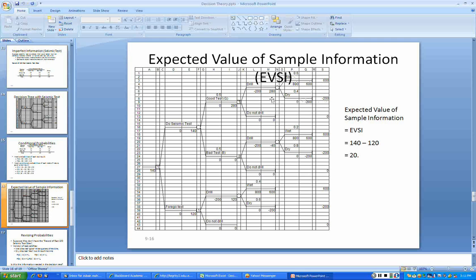Yes, that is 280,000. Now here, if the results were bad, then that payoff is going to be a $40,000 loss. And what is the expected value here? That is 0.5 times 280 plus 0.5 times... What is the best decision here?